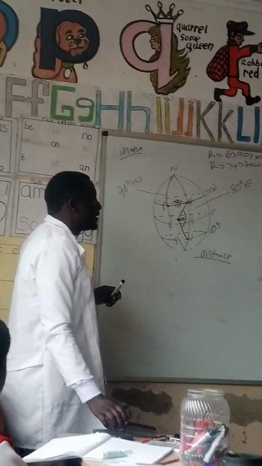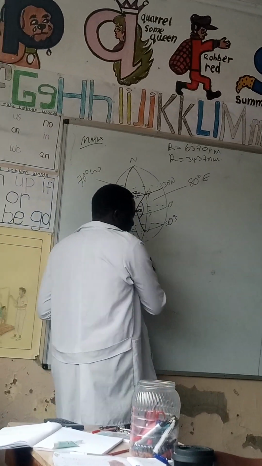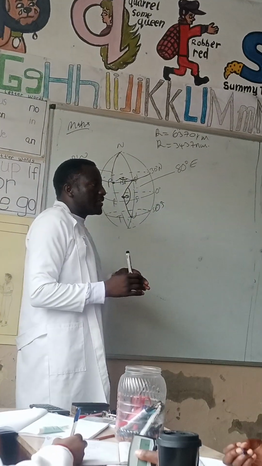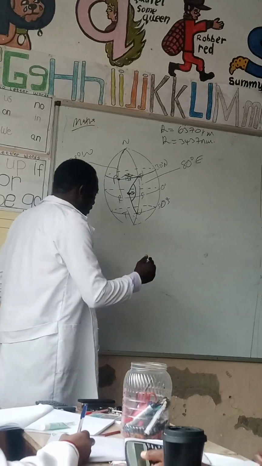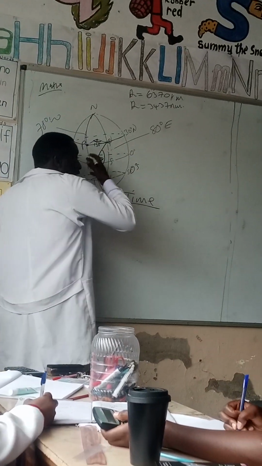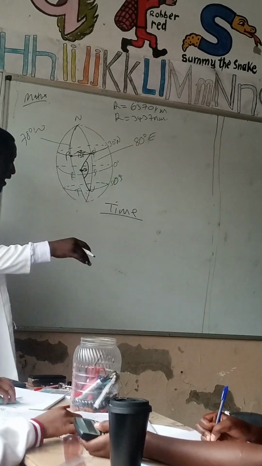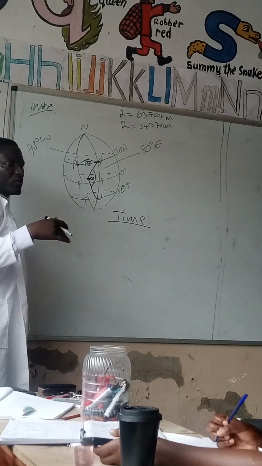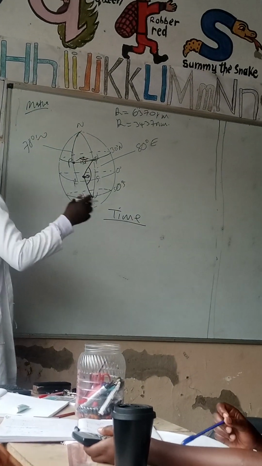The other part we need is time. How do we find time between places? There are rules, but due to time we'll learn them later.